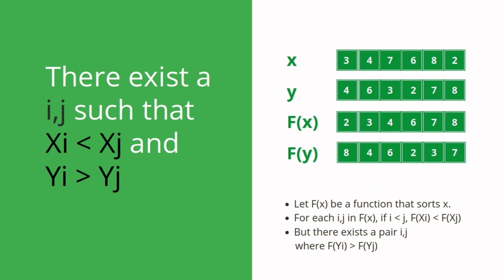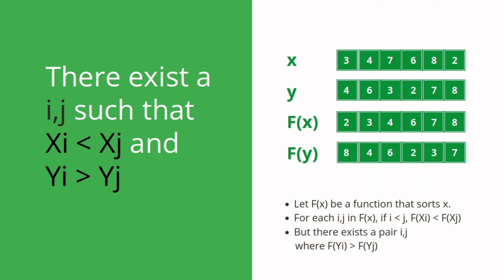So in f of x, if 2 is at the first index, then the index at which 2 was present in x and the element at the same index in y will come in f of y. So in f of y, the first element will be 8, the second element will be 4, and the third element will be 6, and so on.